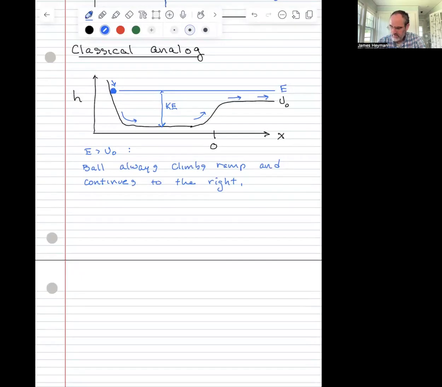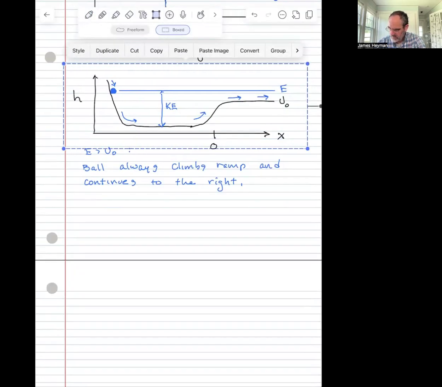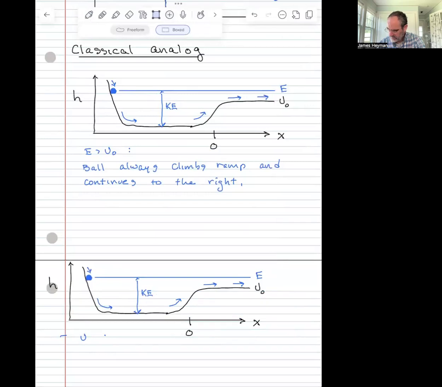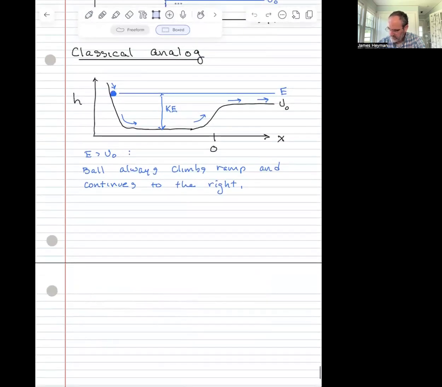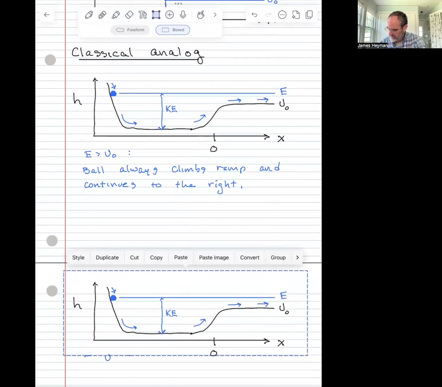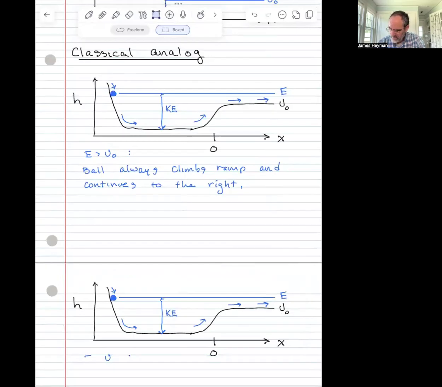But there's a second case we should investigate. Let me try and draw that. Actually, I'm going to be lazy here, and I'm simply going to copy my drawing and paste it down here. And let me erase a few things so that I can redraw this.